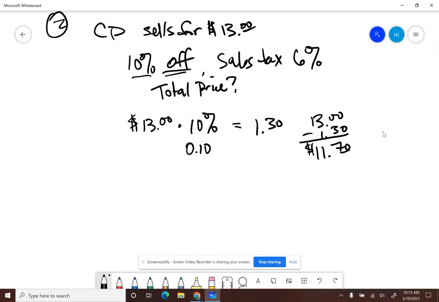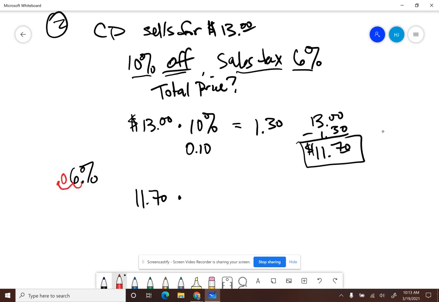All right. But before we get excited, let's think about the fact that, oh no, yes, I got 10% off, but now I still have to pay sales tax of 6%. Okay. So now I have to take this value of $11.70 and multiply that times 6%. Well, let's practice right now. 6%. My decimal's here. I need to move it back 2 places, which means that I'm actually going to be multiplying by 0.06 or 6/100ths. Okay. That is going to give me 0.702 or 702 thousandths.